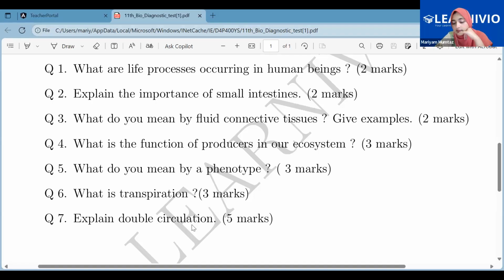Converts light energy to chemical energy. And that is photosynthesis only. What else? It is the base of the food chain. Like it starts the food chain. Yes.